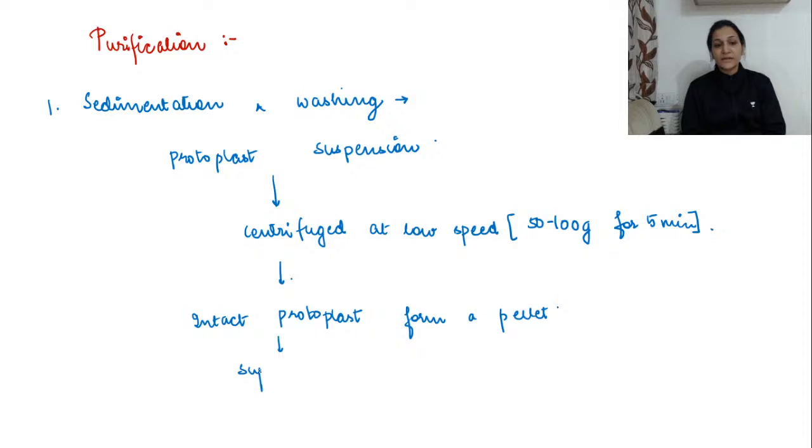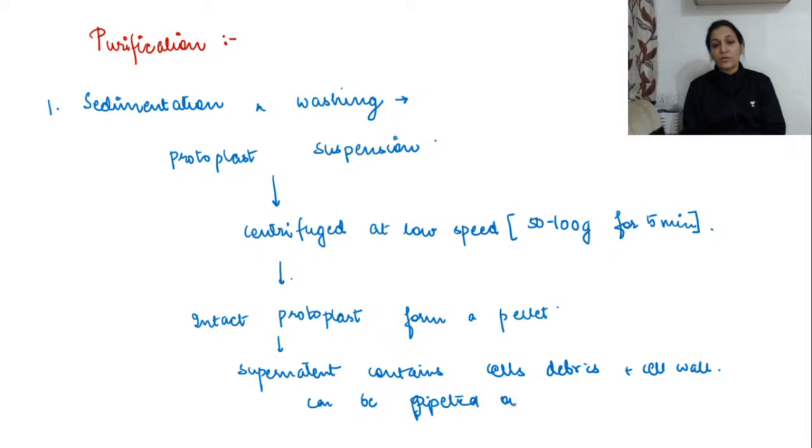So the supernatant contains cell debris plus cell wall, and can be pipetted out.